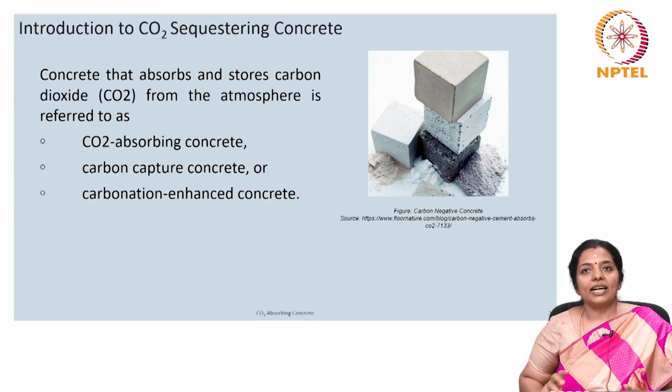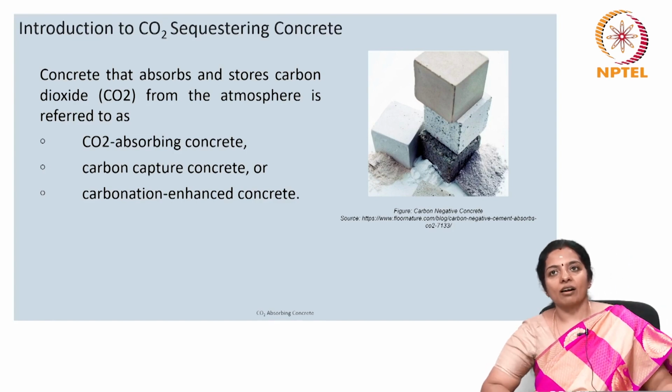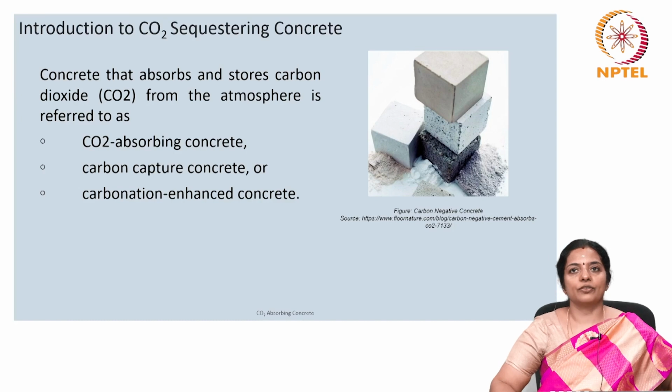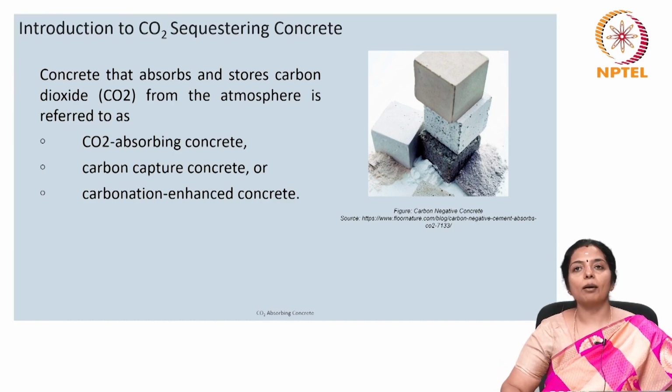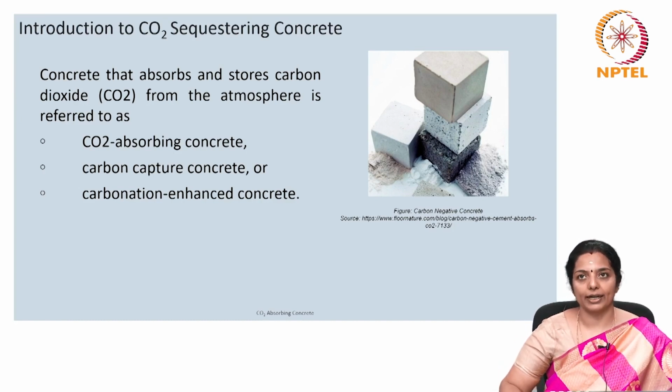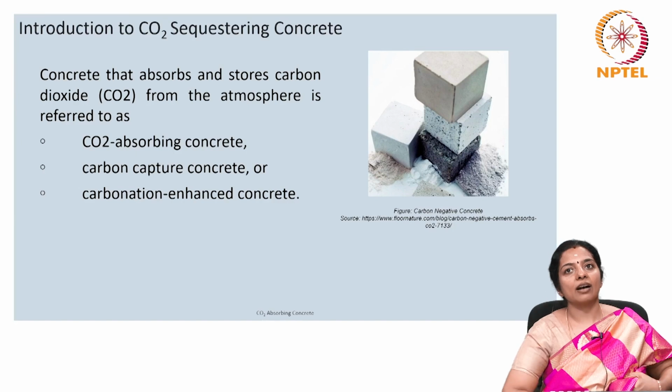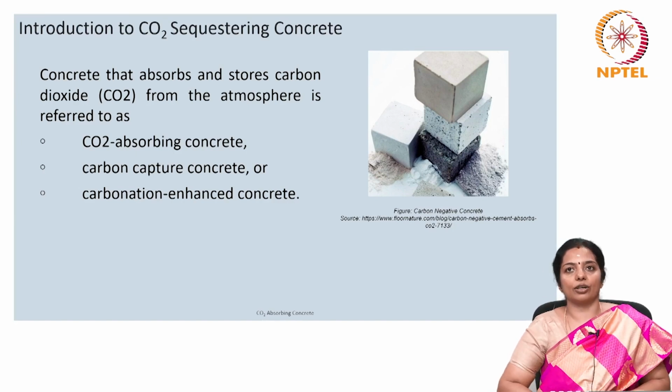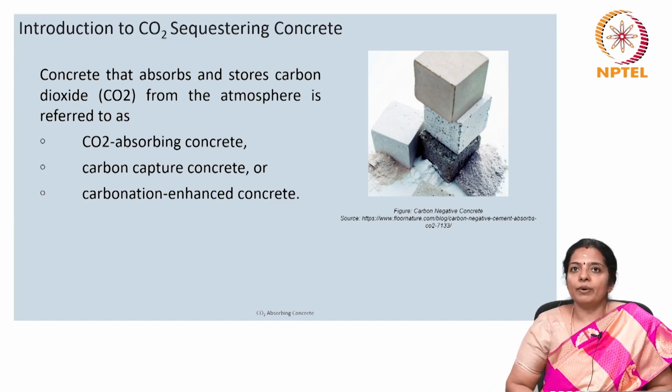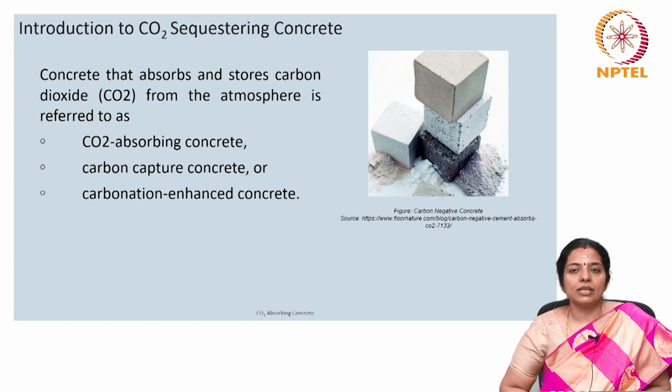So, concrete that absorbs and stores carbon dioxide from the atmosphere is referred to as carbon dioxide absorbing concrete. It is also called as carbonation enhanced concrete. So, it could be referred by any of these names. We could call it as carbon dioxide absorbing concrete or carbon capture concrete or carbonation enhanced concrete.